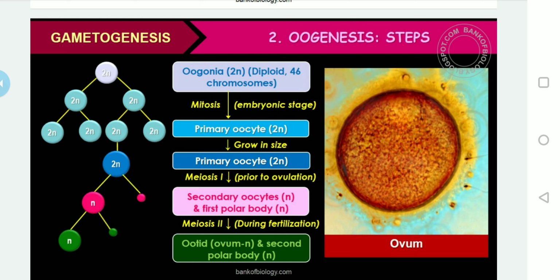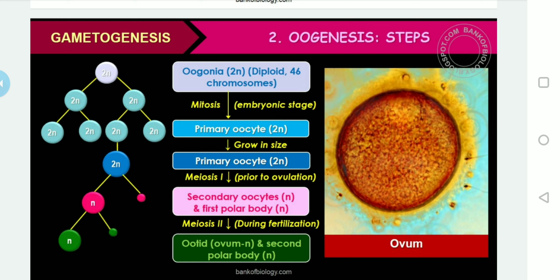So ovulation occurs at the secondary oocyte stage. At the end of oogenesis, the secondary oocyte divides and produces 2 unequal sized cells, that is one single large haploid functional ovum and a small second polar body.